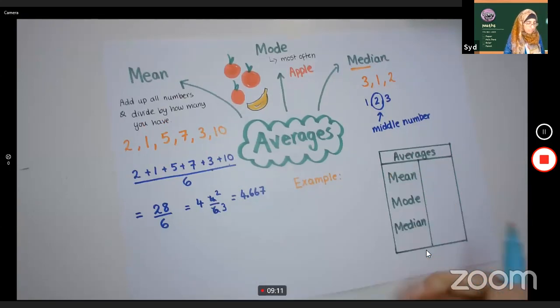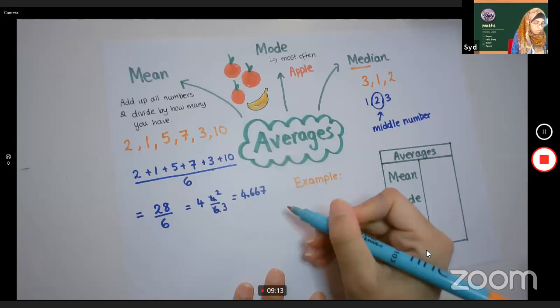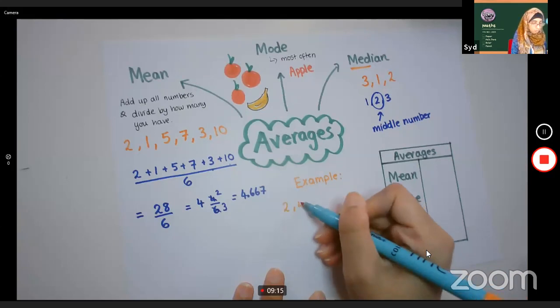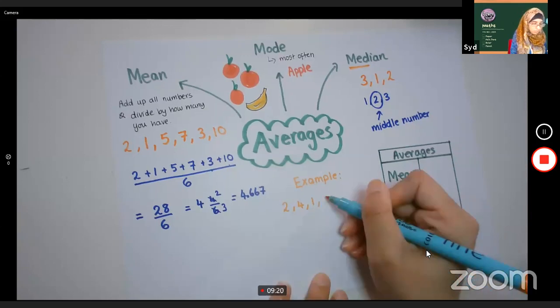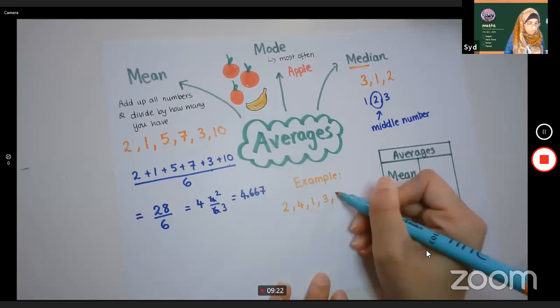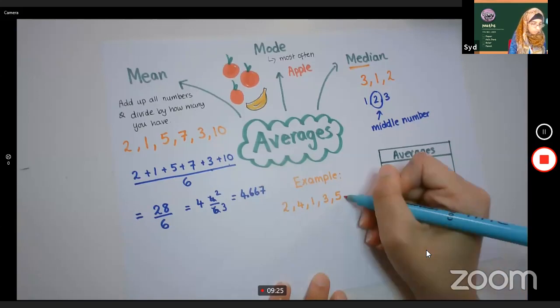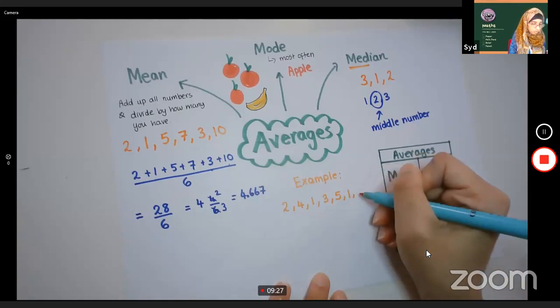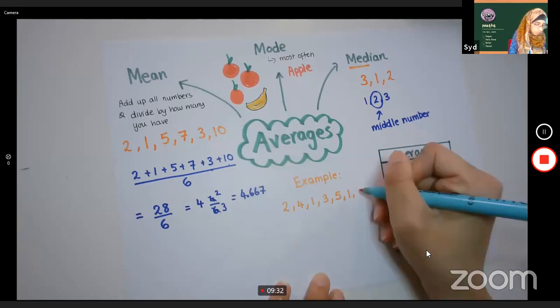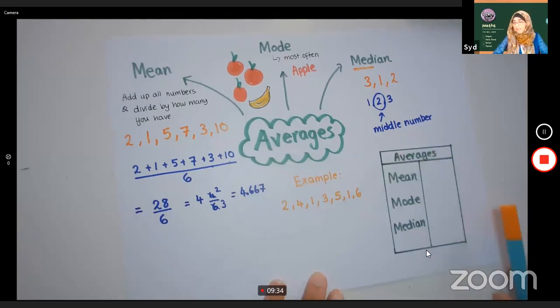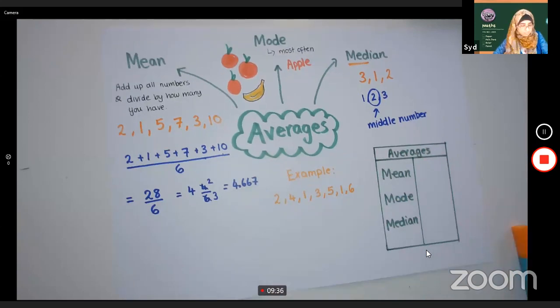So our numbers are going to be 2, 4, 1, 3, 5, 1, 6. Let's have one more. 6. Right, so we've got all these numbers. We want to work out the mean, the mode, and the median.